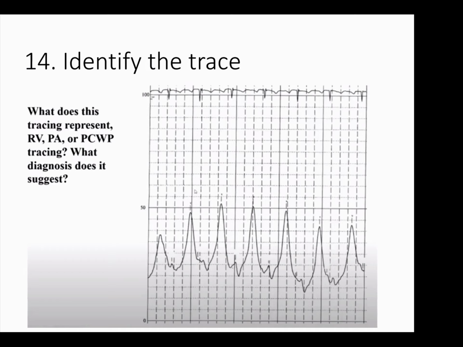Okay, all four answers I have got: RA, RV, PA, and PCWP. Okay, how to identify it?